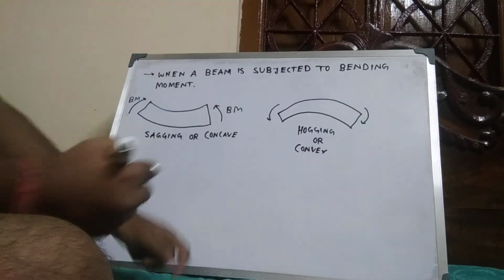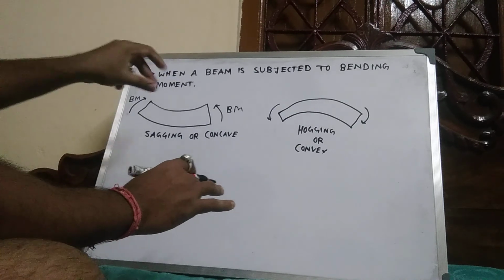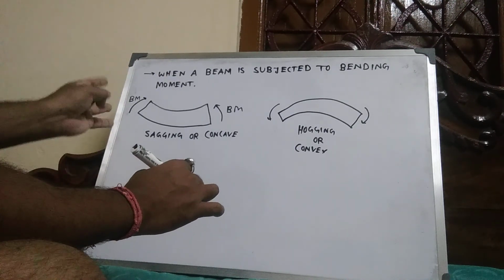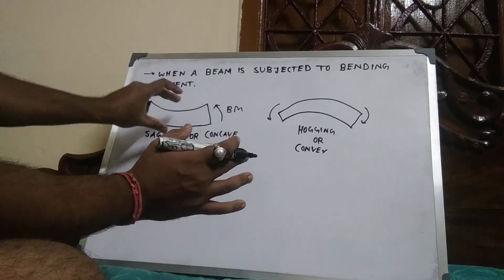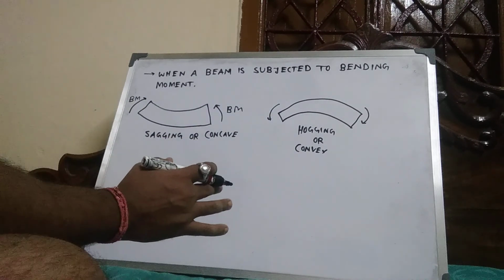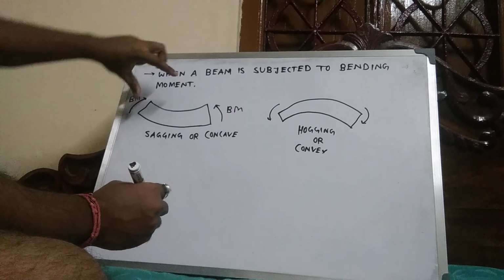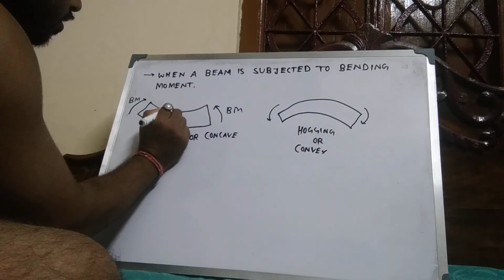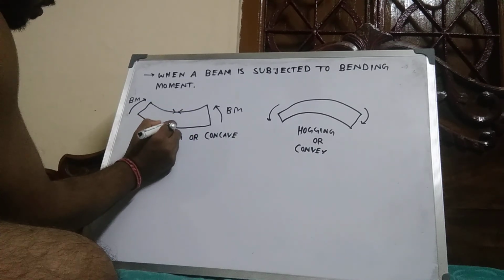Initially the beam was straight, but when a bending moment is applied, this position is sagging or concave, and this position is convex. In sagging, the top fiber is compressive and the bottom fiber is tensile.